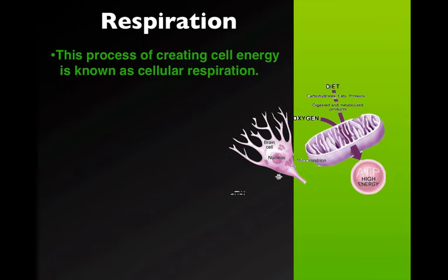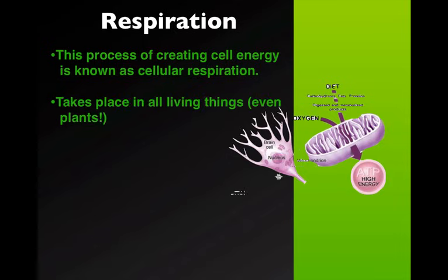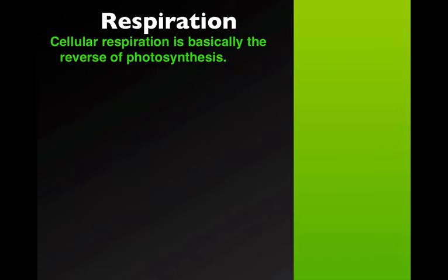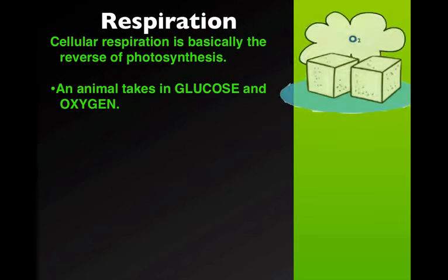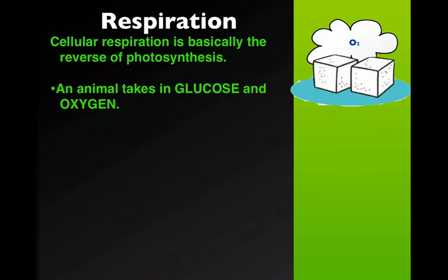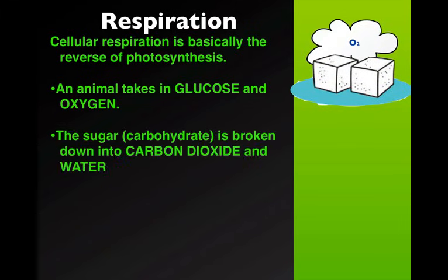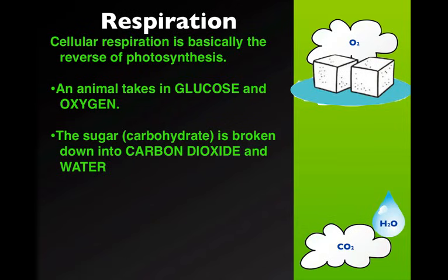So this is what's known as cellular respiration. And it takes place in all living things, including plants. So like I said earlier, this is basically the reverse of photosynthesis. Okay? An animal takes in glucose and oxygen, and it breaks it down into carbon dioxide and water.